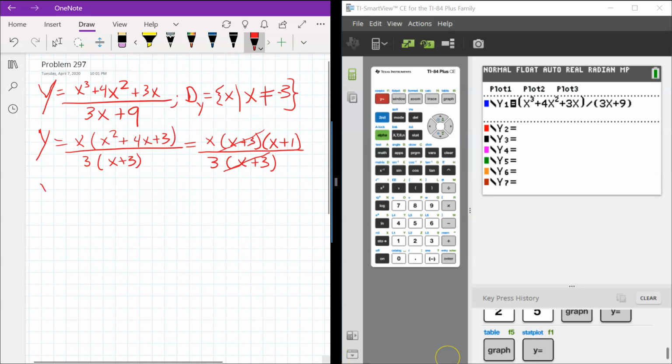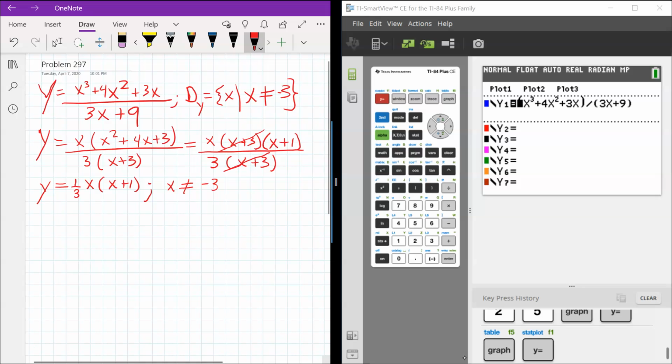And so my function reduces nicely to x times x plus 1 divided by 3, and I can essentially write out 1/3 out here. I am going to note that x cannot be -3. So for all practical purposes, this looks like a parabola.